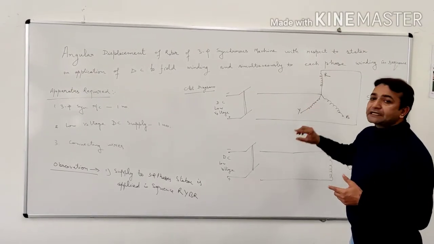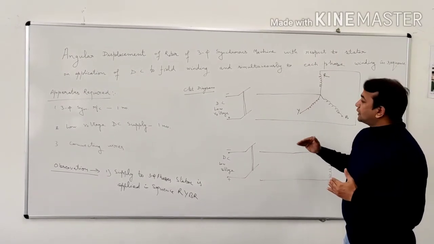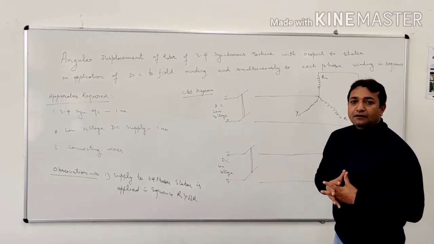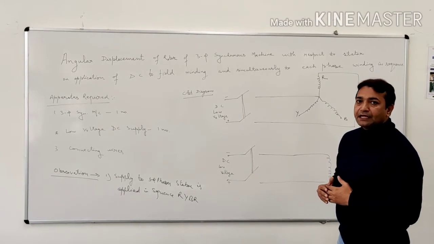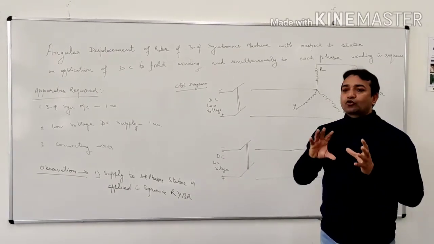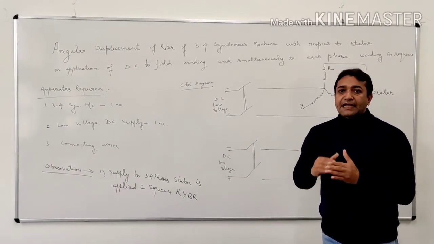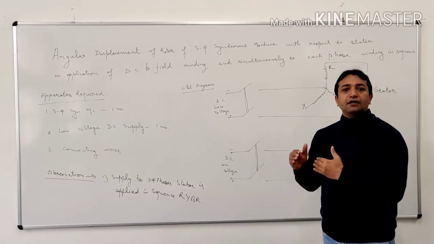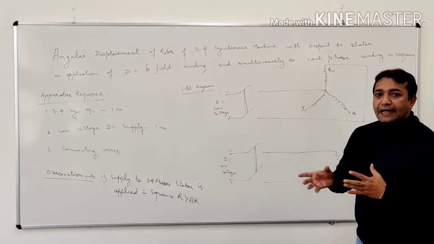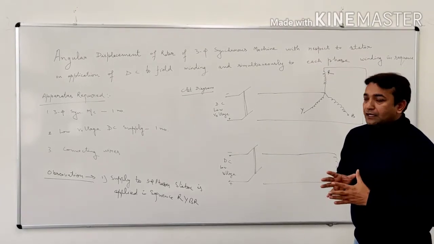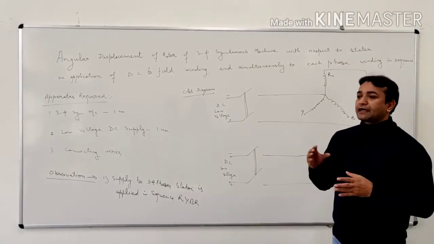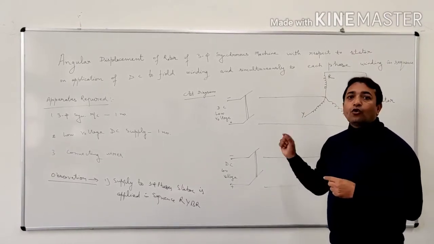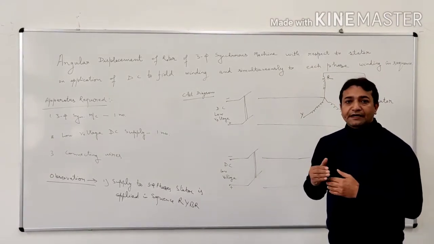So we will repeat the procedure till our sequence is completed, that is R, Y, B, R. We will see that the rotor rotates through an angle, and we will note down the direction of the rotor as well as the total angle in the end. We can measure the angle by marking the pulley with a chalk or with some other arrangement.